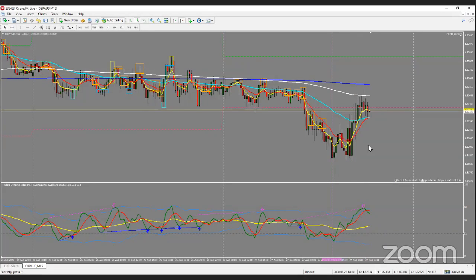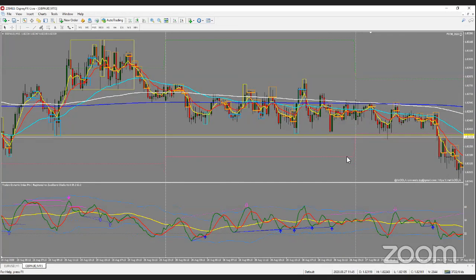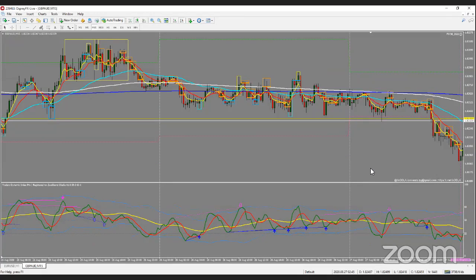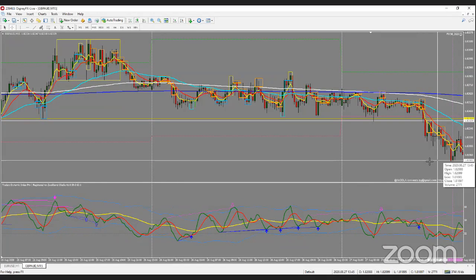okay, so price is trading, and we have just returned to the bullish source from this bearish order flow. And here's where current price is at now. Okay, we're in bearish 15-minute order flow.